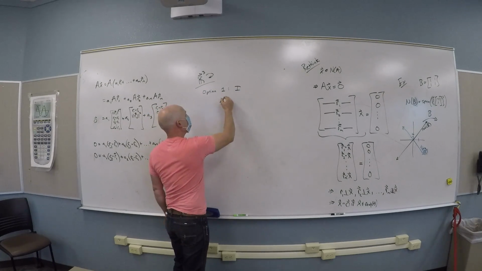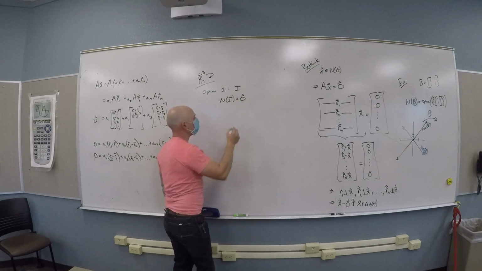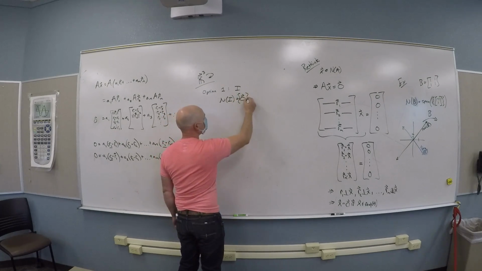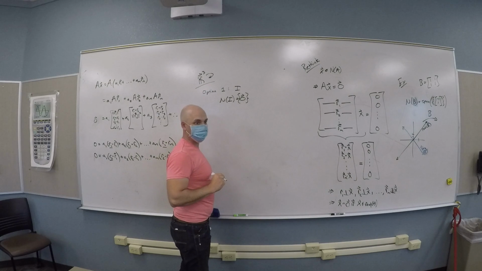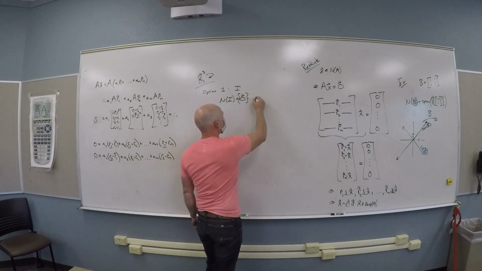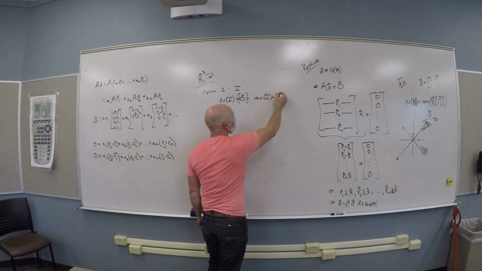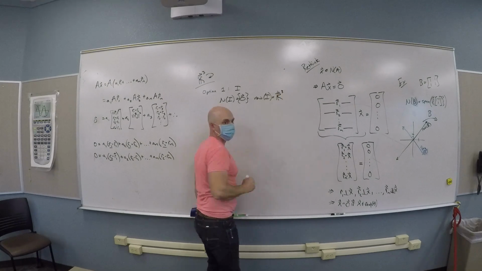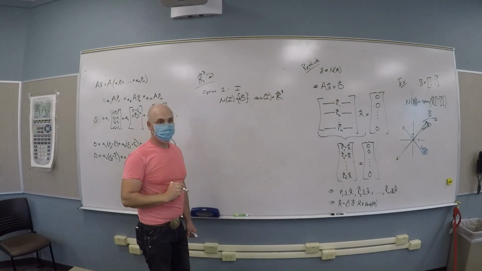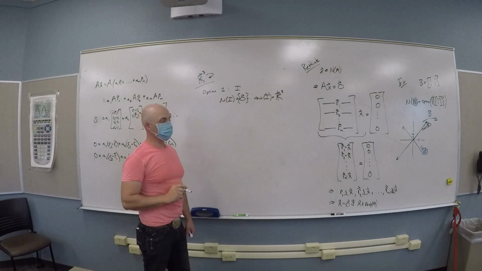And so the null space is the 0 vector, right? And the row space is all of R3. And then we could have things where we have two linearly independent rows.